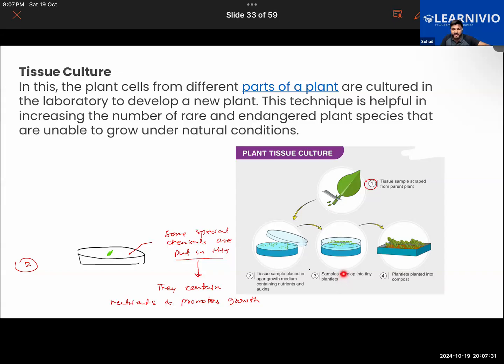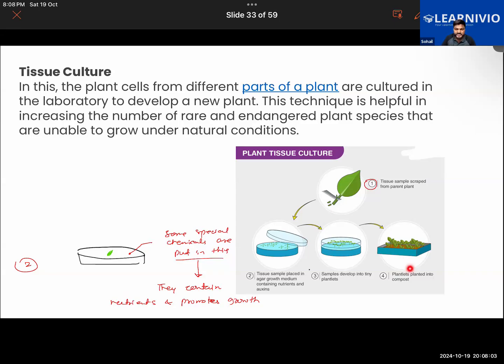Now later on, as these plantlets grow, their requirement for nutrients is going to increase. So we are no longer going to grow them in this glass structure. Now we are going to put them into compost. Compost is basically a type of manure, a kind of fertilizer. We add manures and fertilizer to the soil to improve its fertility so that plants grow in a healthier manner and more nutrients are supplied to the plant.